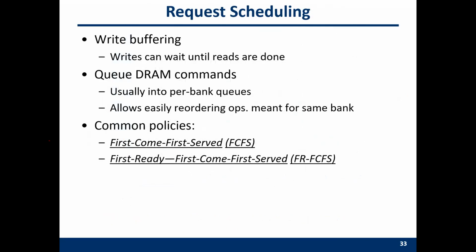And then about the scheduling, we have different policies. One is first come, first serve, which is basically FIFO style. Or first ready, first come, first serve, which considers the row buffer hit. You reorder the requests in order to increase the row buffer hits.